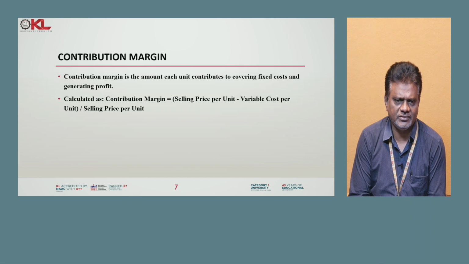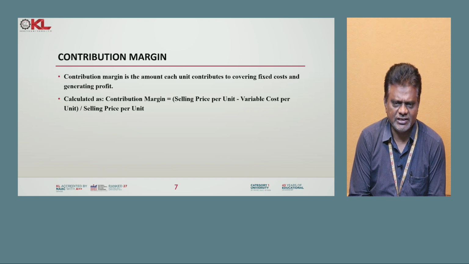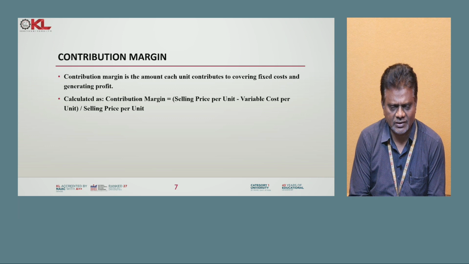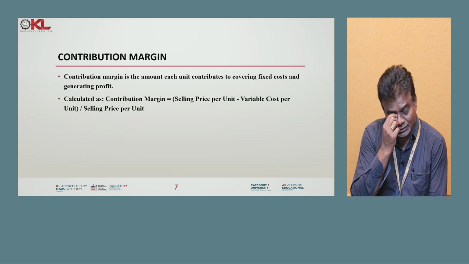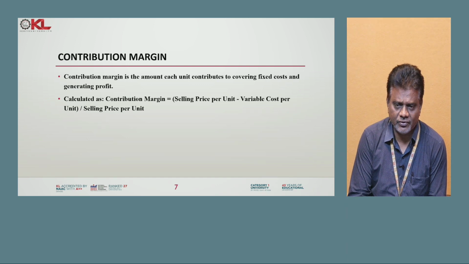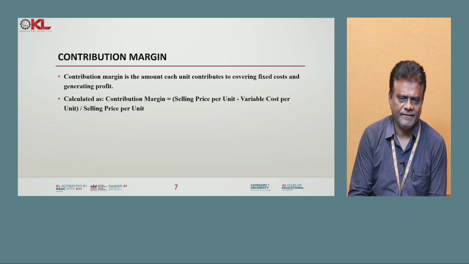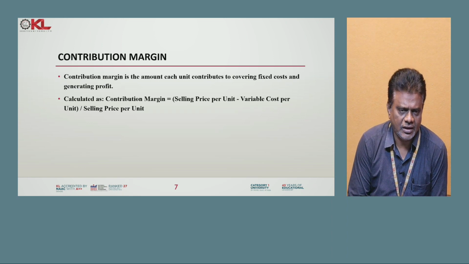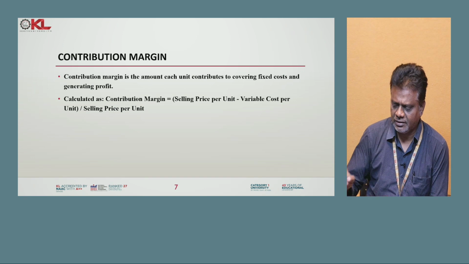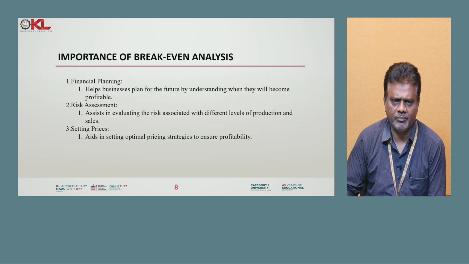To calculate it, take the selling price per unit minus the variable cost per unit, and divide by the selling price per unit. With these, my dear students, we know the contribution margin.